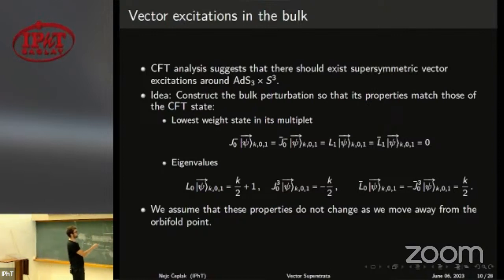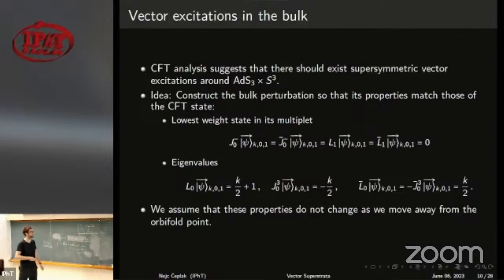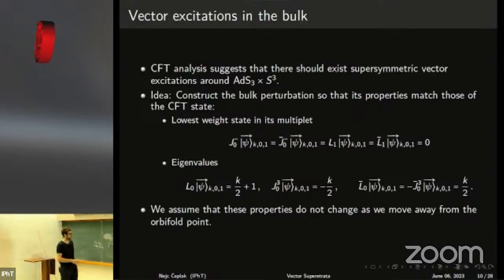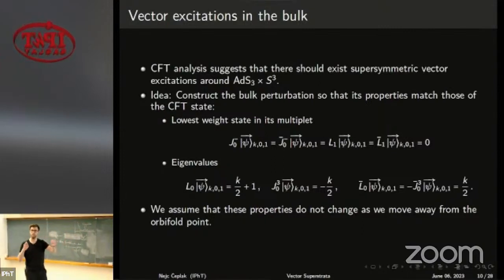In particular, I know that there is a lowest weight state in my multiplet, which, as the lowest weight state, is annihilated by anything that lowers its SU2 eigenvalue or anything that lowers its SL2R eigenvalue, both in the left and right sector. And I will assume that these properties do not change as I flow in the moduli space.